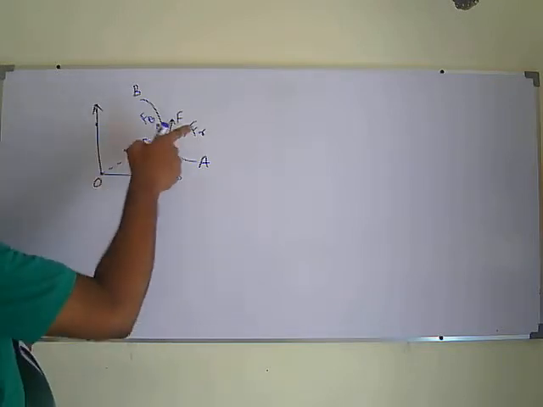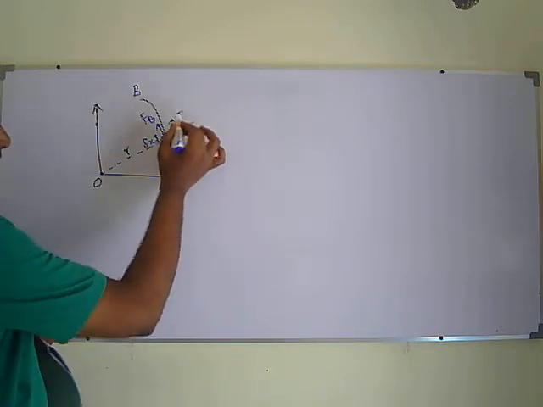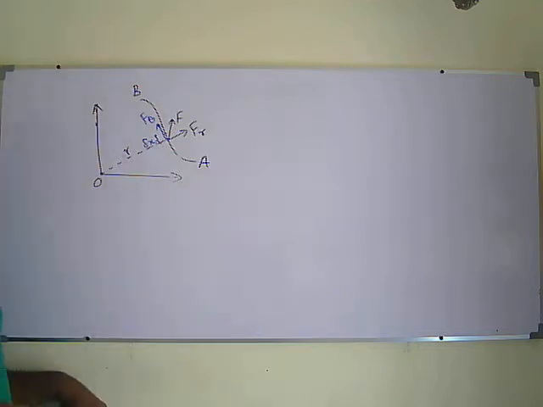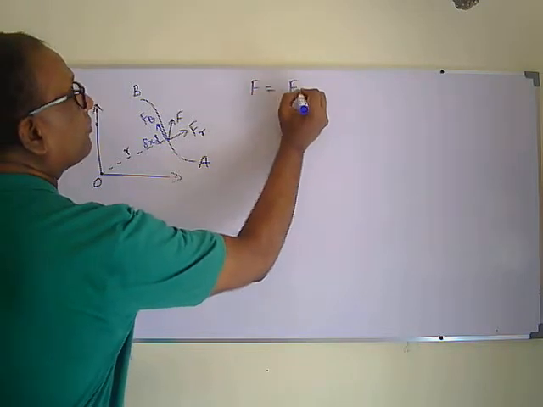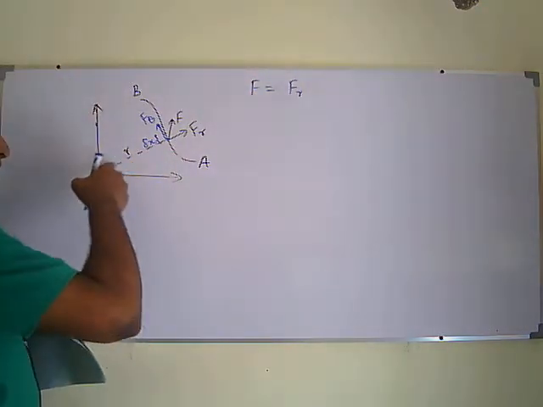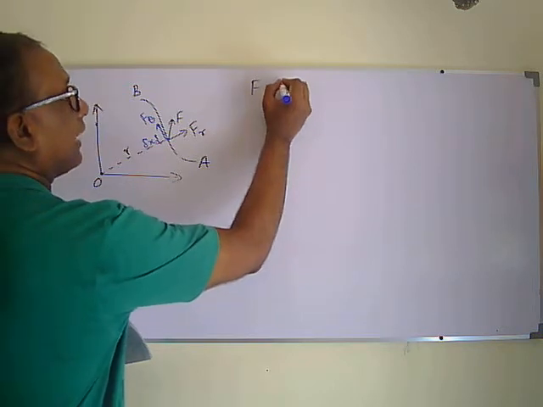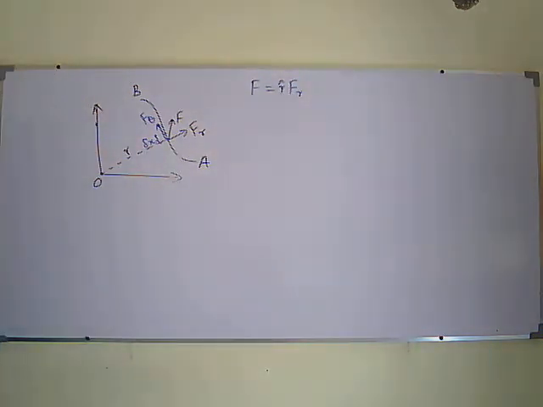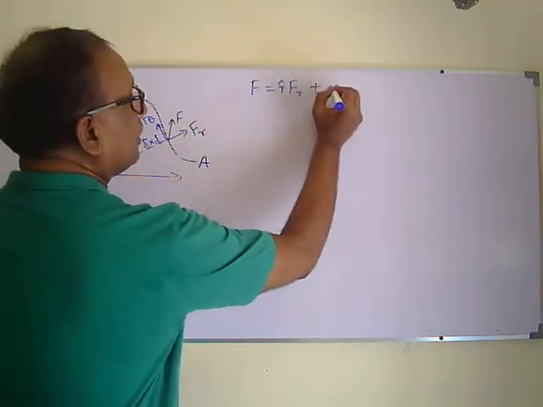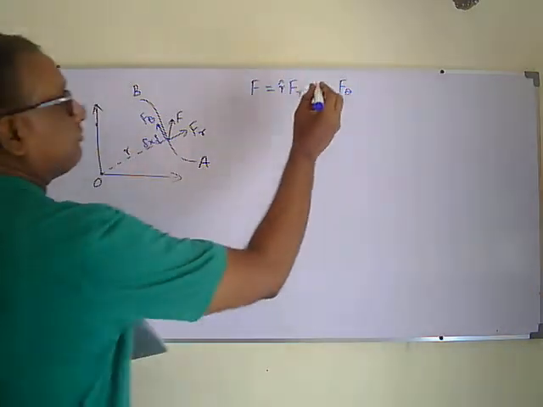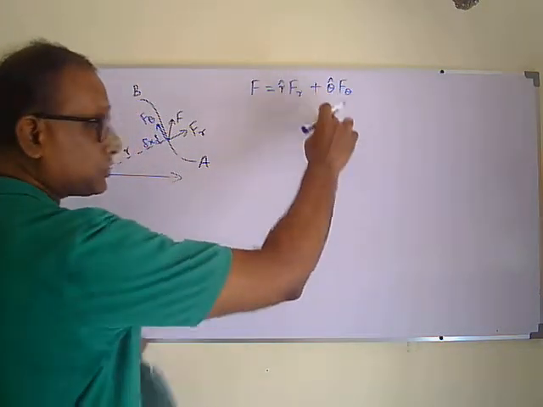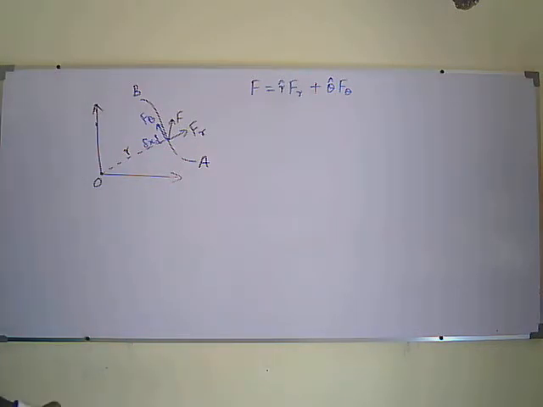I can give these two vectors, force F and delta x, in terms of polar coordinates. F is Fr times R cap, the unit vector along the radial direction, plus F theta times theta cap, a unit vector perpendicular to R.